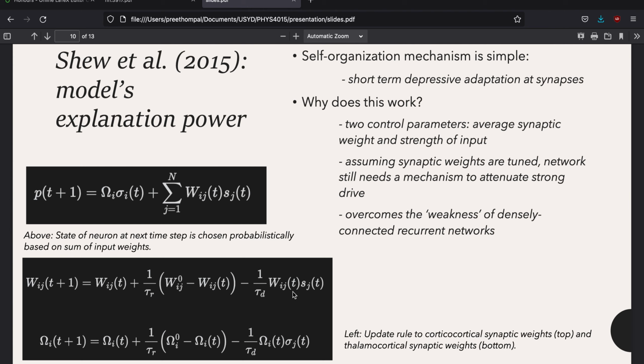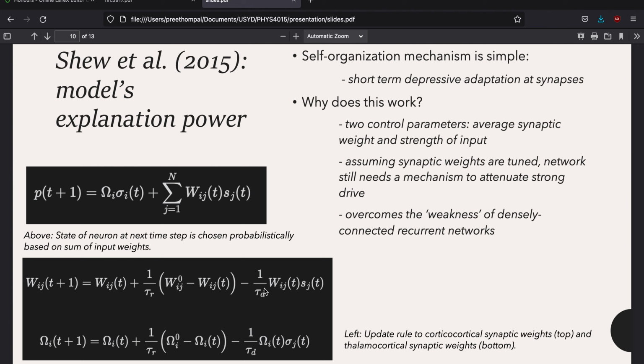So this recovery term is scaled down significantly. So this time scale here is like 200. And so it'll recover back towards the initial synaptic weights slowly, right?